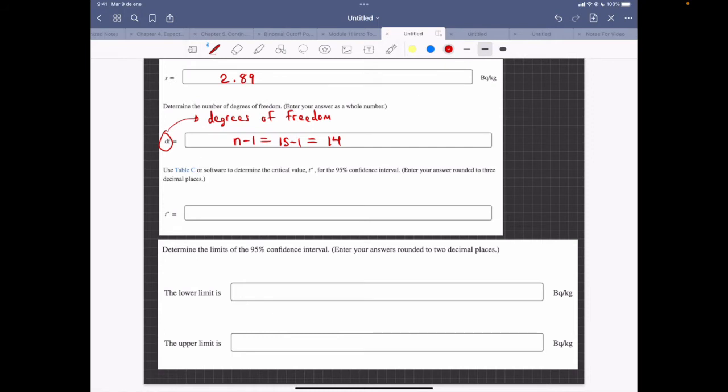Now, how to compute the value for the test statistic? By the way, I will explain how to obtain this directly from Minitab, but for now I'm going to do it by hand. This value is x bar minus mu null divided by s divided by the square root of n.